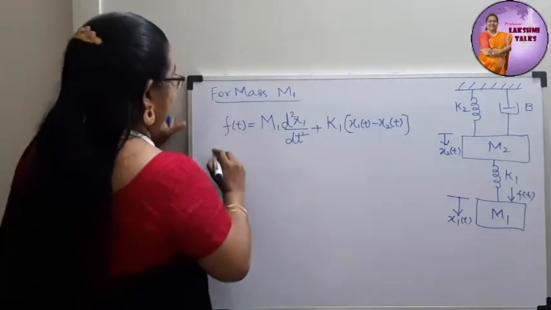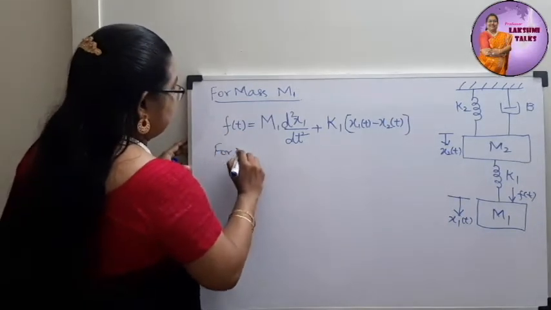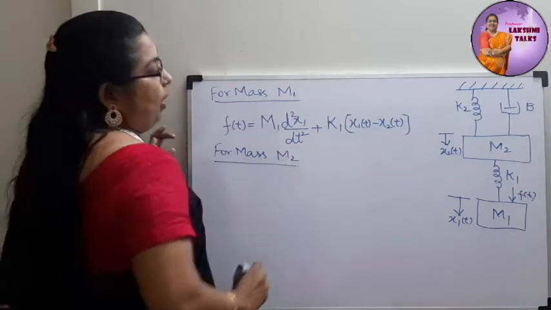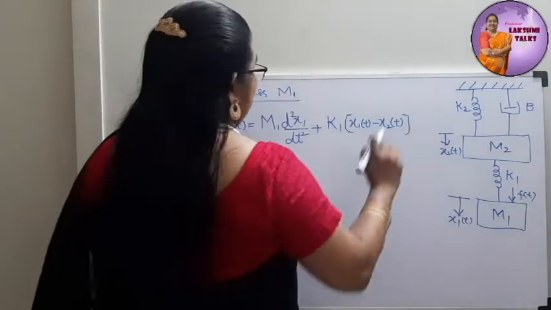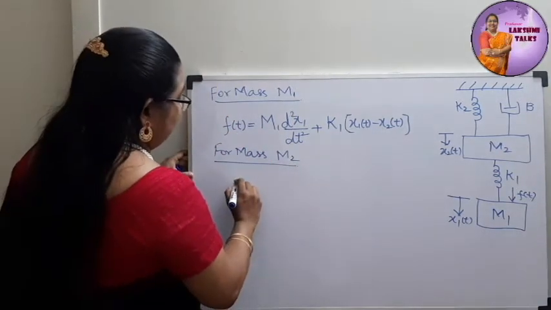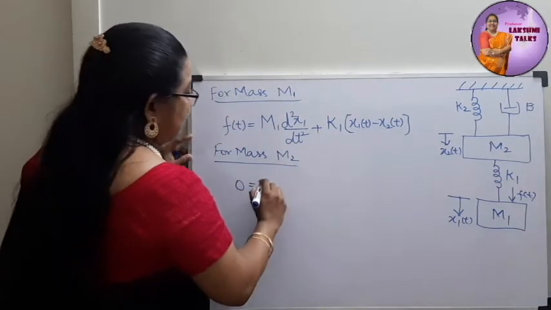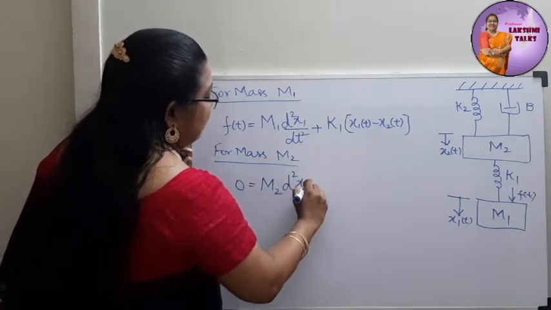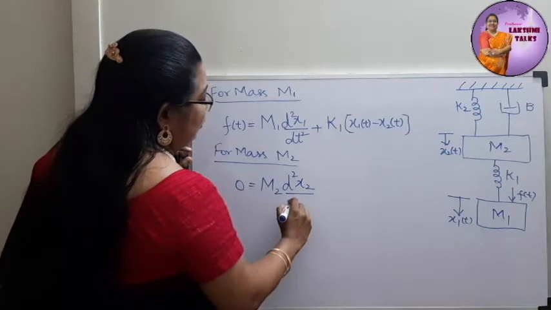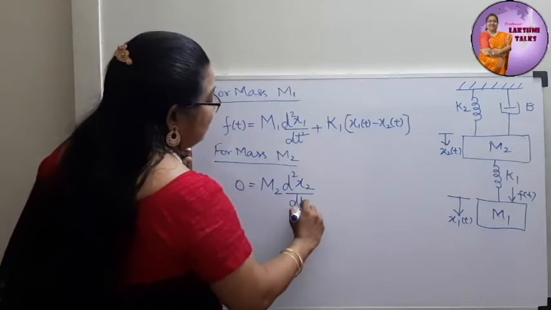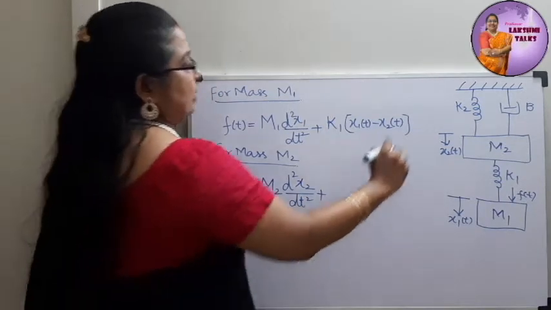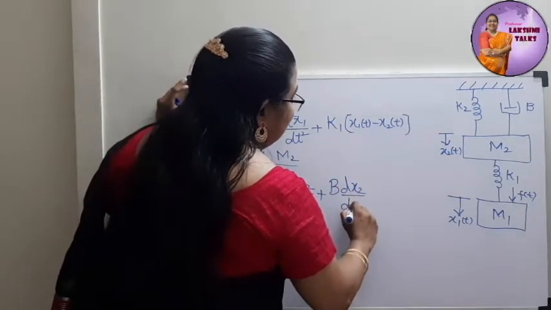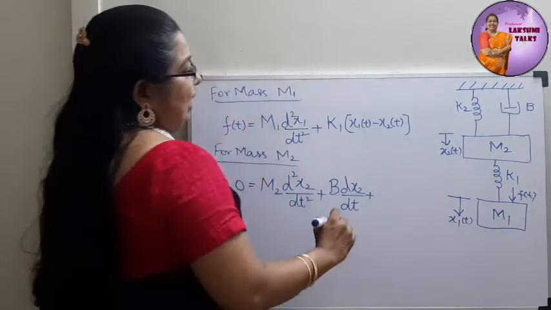Now let us write for mass m2. For mass m2, there is no applied force, so 0. It is equal to, we have the mass m2, so the displacement is x2. So m2 d square x2 by dt square, plus we have a damper b, so b dx2 by dt, plus we have two springs.